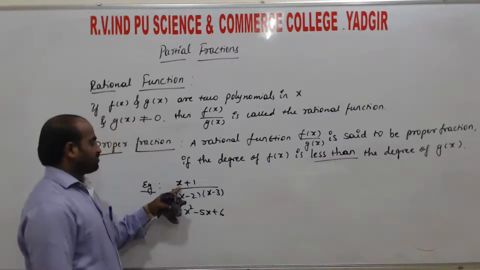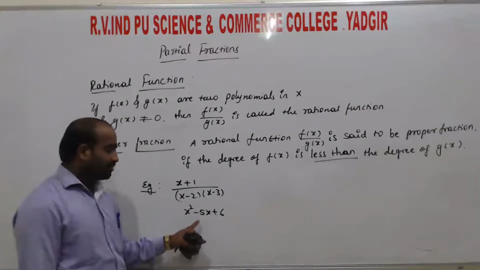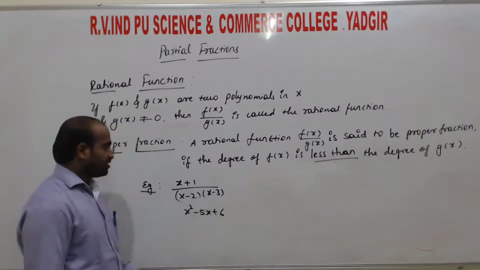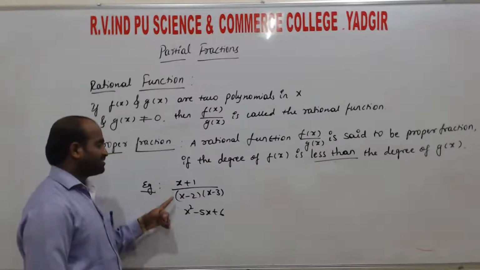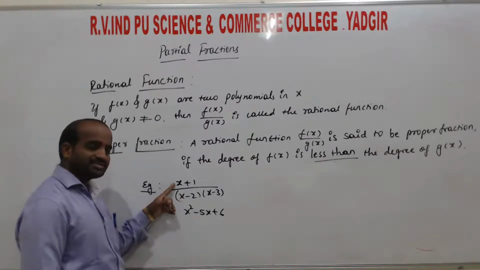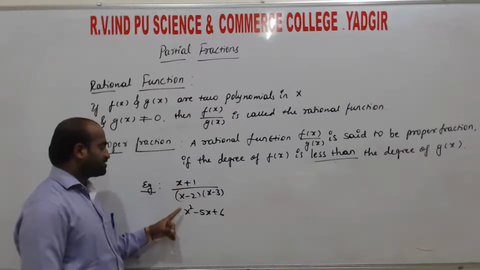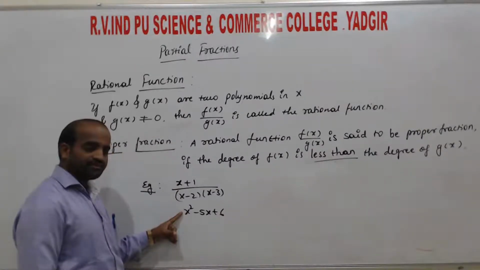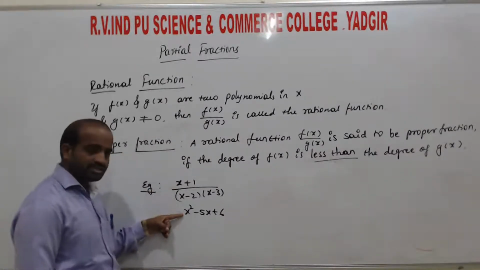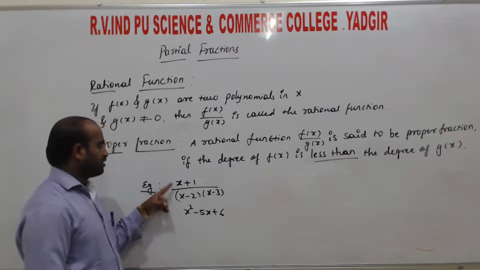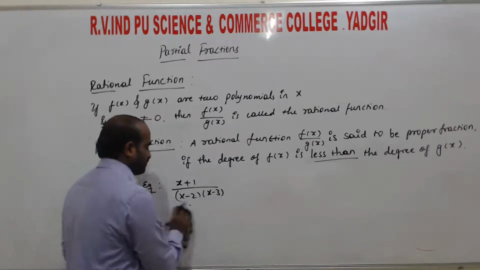So x plus 1 divided by x square minus 5x plus 6. The degree of f of x is less than the degree of g of x. This is f of x, this is g of x.